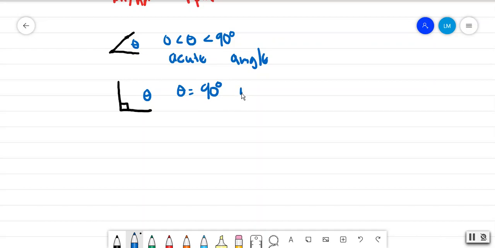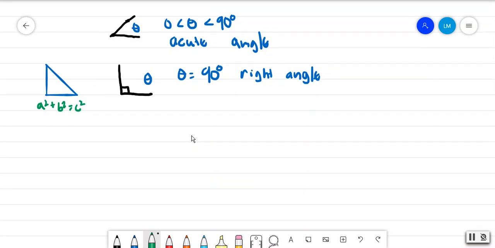So we tend to call it a right angle, which we're going to see a lot of as we get more into the material, as it relates to right triangles. If we had a triangle like so, most students tend to memorize a squared plus b squared equals c squared. We're going to see a lot of that throughout this course.